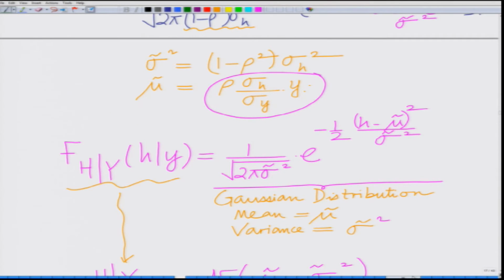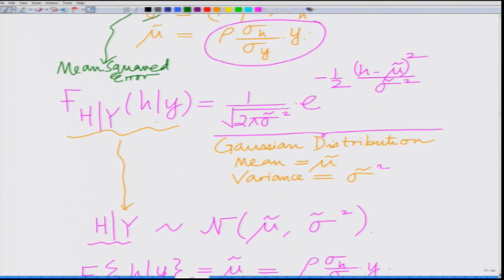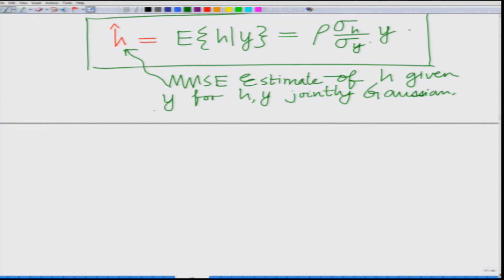And now what is this quantity? Sigma tilde squared is your mean squared error. This is the expected value of the parameter h minus h hat whole square, given of course the observation y.